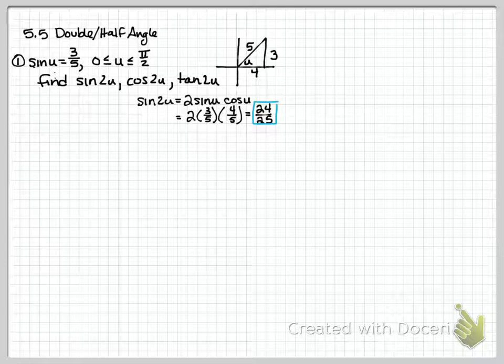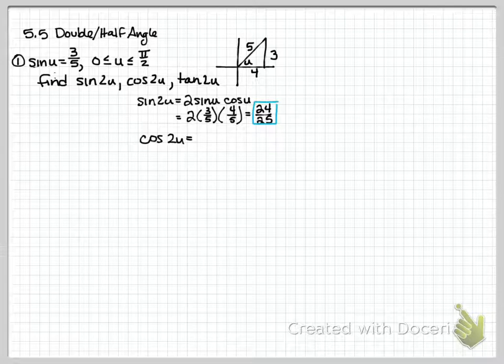Okay, now let's do the cosine. That's how fast it was. Now the cosine of 2u. Now we have options with cosine. We can use cosine squared u minus sine squared u, or we have 1 minus 2 sine squared u, or we have 2 cosine squared u minus 1. So we have 3 options.